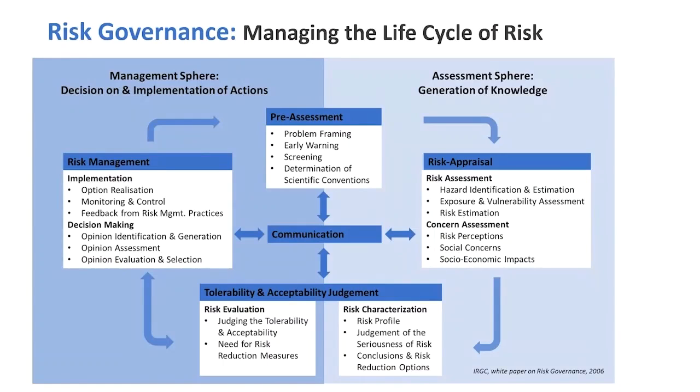Risk appraisal, the centerpiece of the assessment sphere, targets knowledge generation on the technical aspects of risk by means of classical risk assessment and by concern assessment, addressing questions of a wider political context and afflicted stakeholders. Risk management, the centerpiece of the management sphere, supports decision-making and subsequent implementation of appropriate measures.